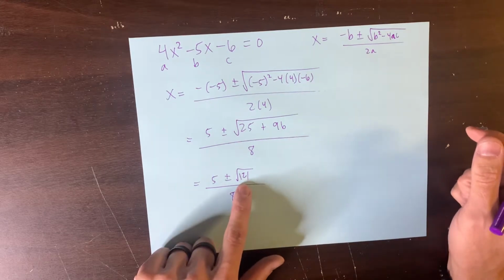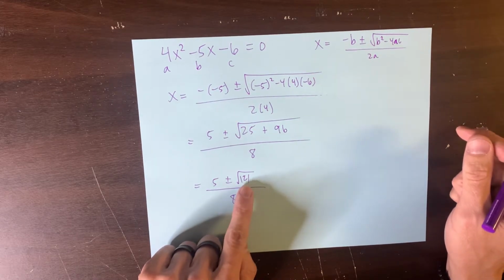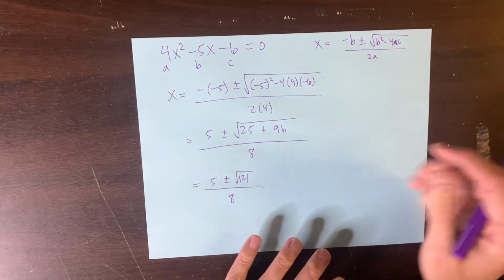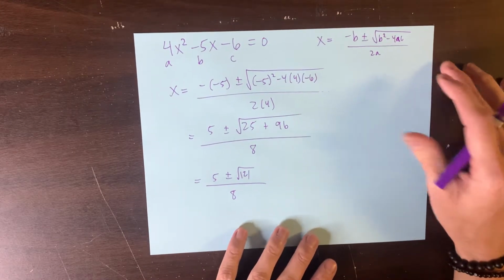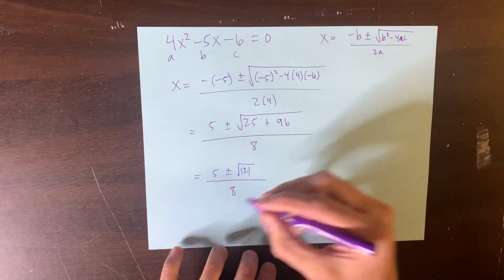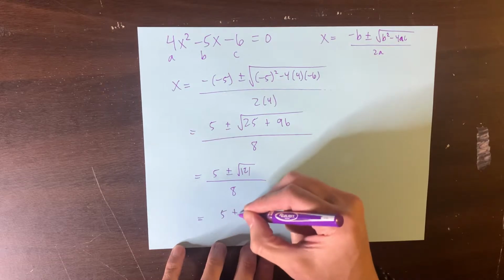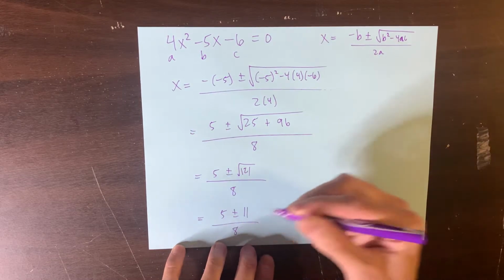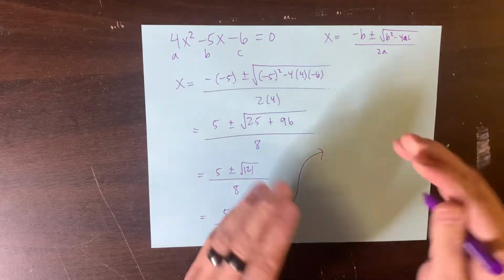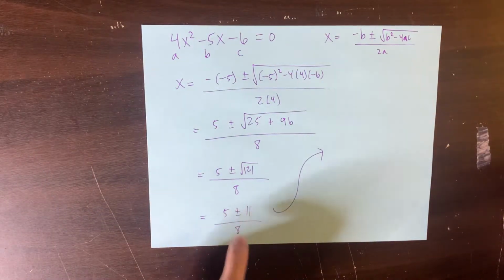It doesn't have to be a nice number. If this was a number whose square root was really weird, like a strange decimal, then maybe your teacher would prefer that you stop here. But I recognize that the square root of 121 is just an average, ordinary, everyday looking 11. Now what I do is break this up into two parts because I have a plus minus.